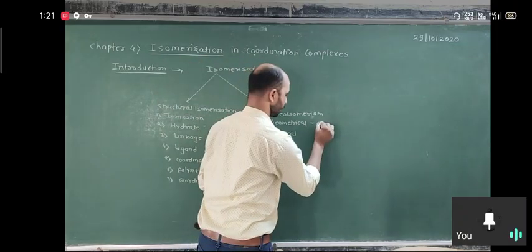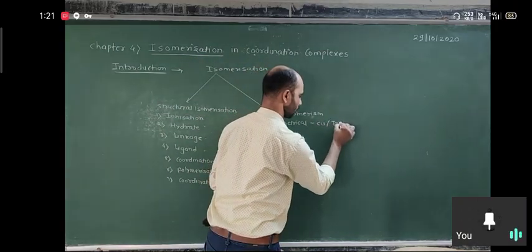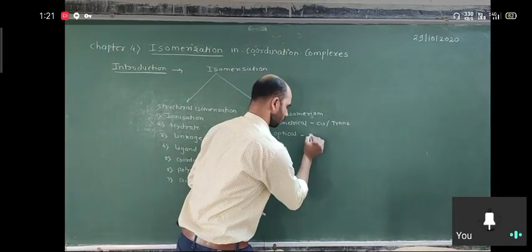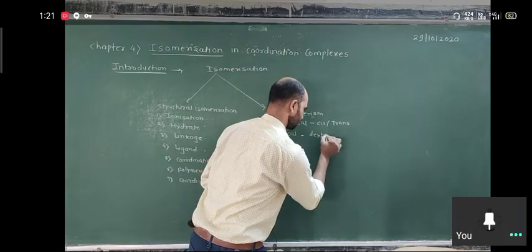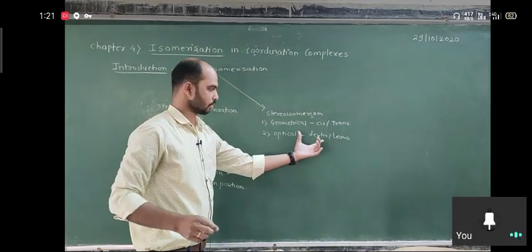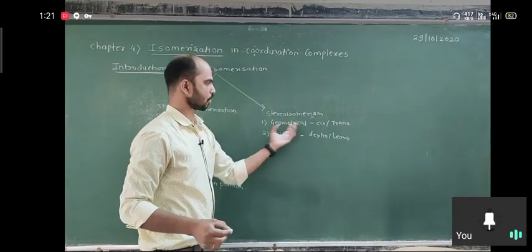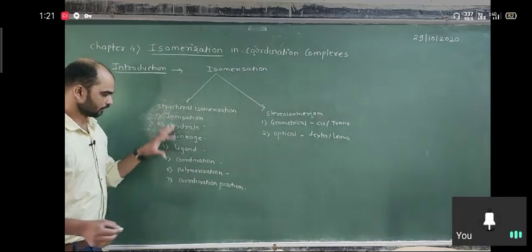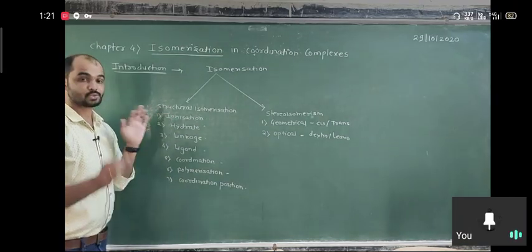In geometrical, you know the cis-trans isomers, and in optical, you know there is dextro and levo. So in optical, isomerism is represented as dextro-levo, and in geometrical there is cis and trans. The different kinds of isomerism we are going to discuss one by one.